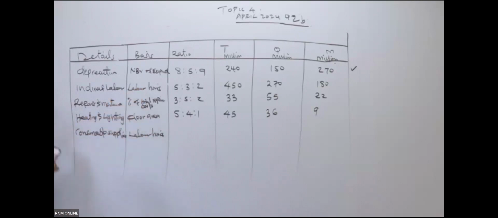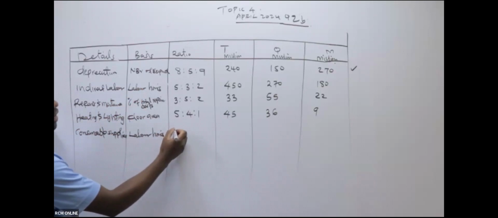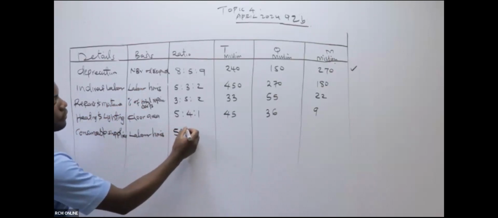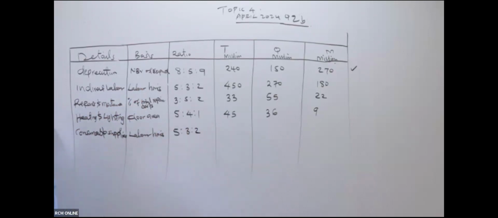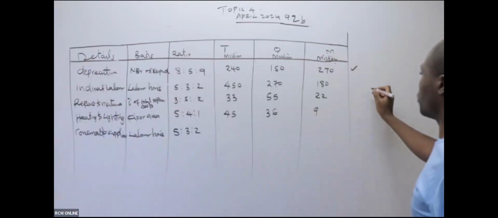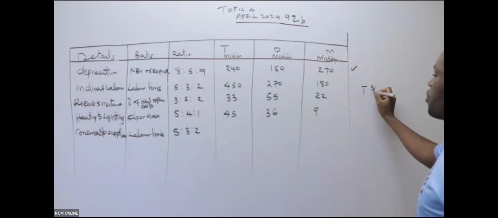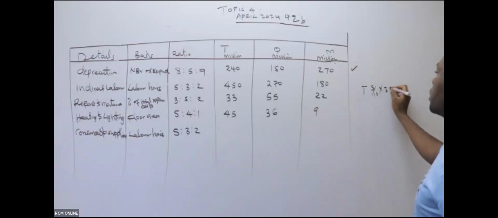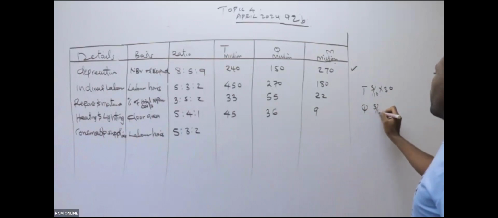So we don't need to do another calculation for the ratio. Just leave 5:3:2. And this time around, we are using that ratio to distribute the total overheads for consumables, which is 30. So it means we are going to have T taking 5/10 by 30, Q 3/10 by 30, and M 2/10 multiplied by 30.